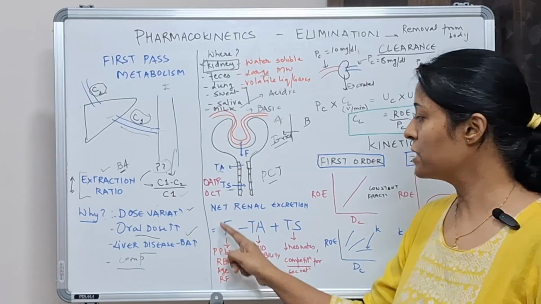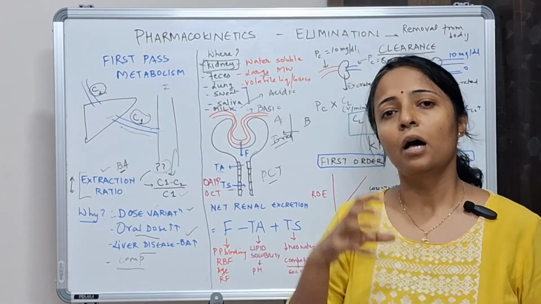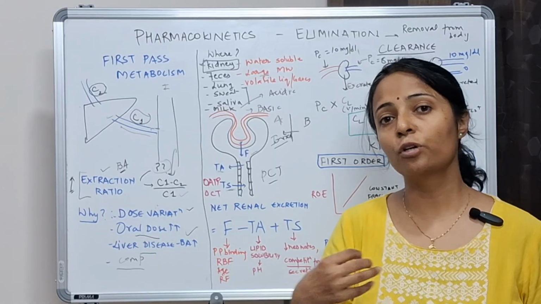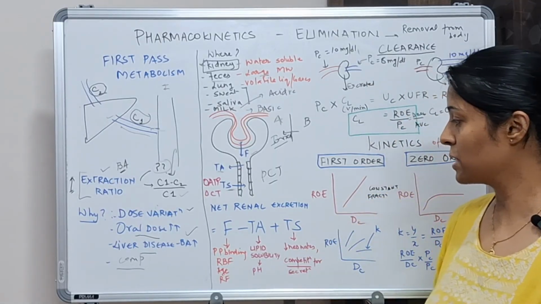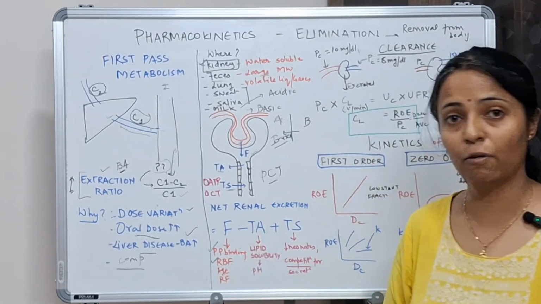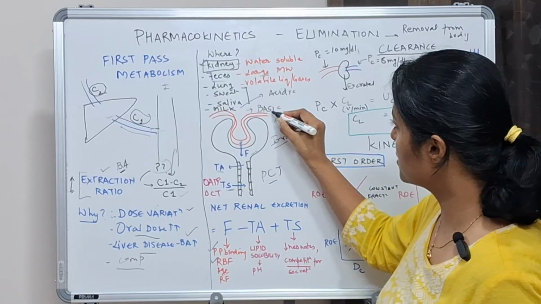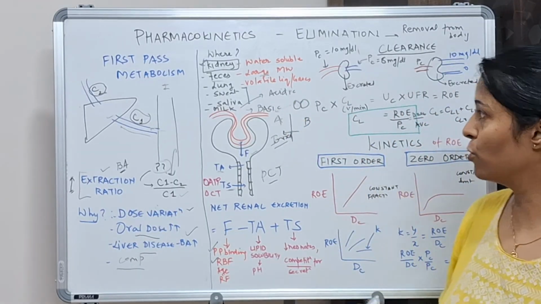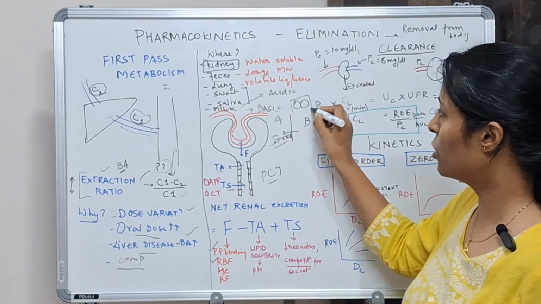Now there are factors which affect these as well. First is the filtration. Whether the drug is going to filter, or how much, depends on certain factors, and very important ones are plasma protein binding and renal blood flow. If the drug is bound to plasma proteins, this becomes a high molecular weight substance.